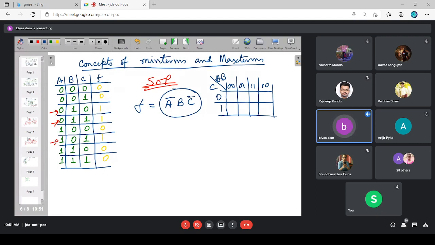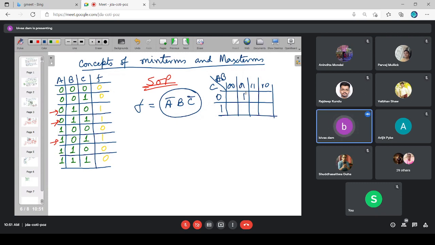In this Karnaugh map, how many cells are there altogether? 8. So due to this particular product term, A bar B C bar, how many cells are going to be covered by 1? Sir, 1. Which cell? Tell me the coordinate. Sir, 0, 1, 0. So that means it's there, isn't it?